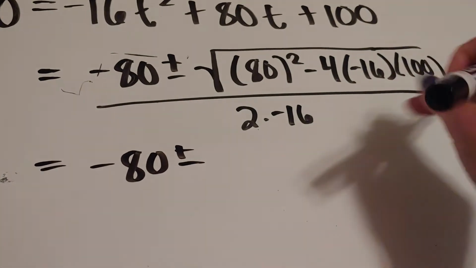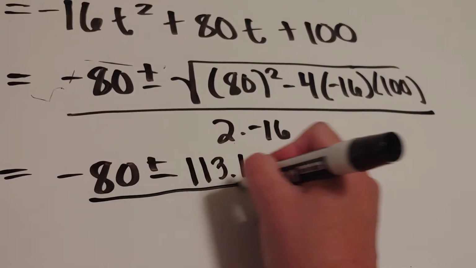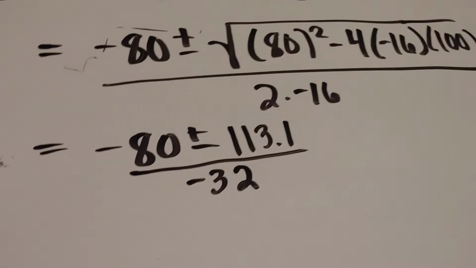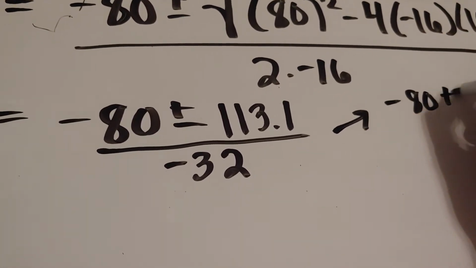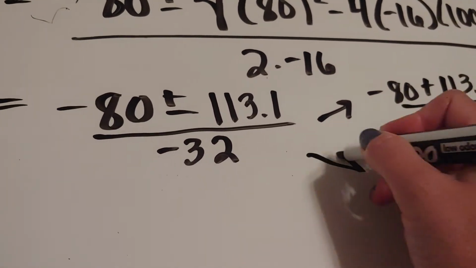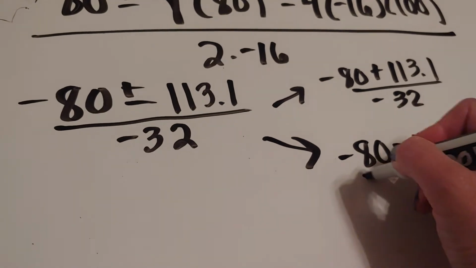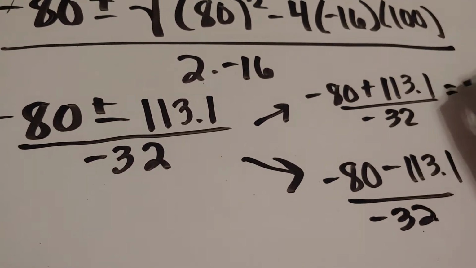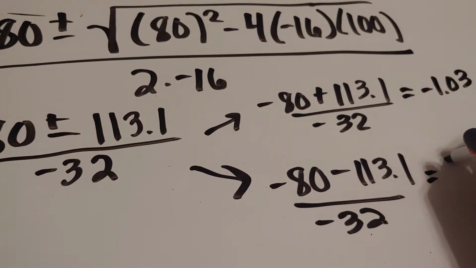This square root is going to end up being 113.1, and the denominator will be negative 32. You're going to get two answers. One answer is negative 80 plus 113.1 divided by negative 32, and the other answer is negative 80 minus 113.1 divided by negative 32. One is going to give you a negative time, and the other is going to give you a positive time.